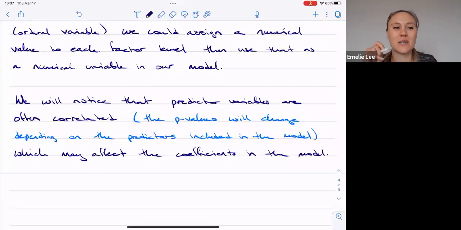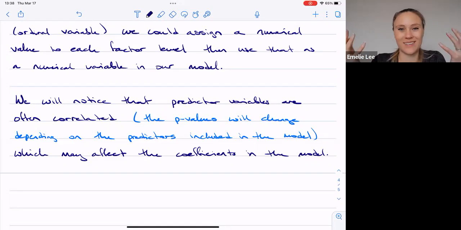And that's when it might be good to consider the confidence intervals. Did the confidence intervals for each coefficient change a lot when I altered the predictors that were in there, or did they stay kind of the same? Okay, so that's just something to keep in mind. It's going to affect not just the p-values, but the coefficients, and everything in the model is going to depend on what predictors are in there.